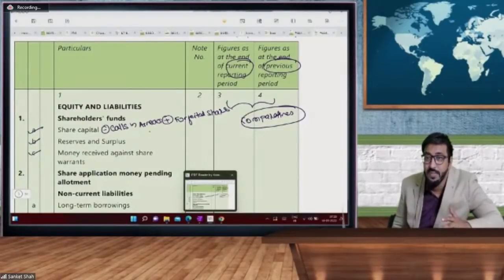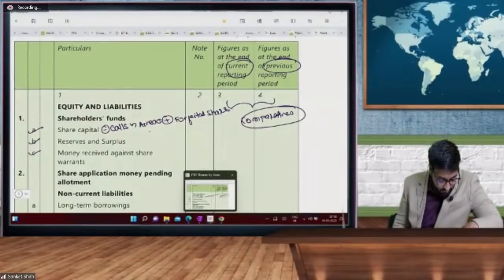Free reserves means those available for distribution of dividends, so you can pay dividend out of this. And what are specific reserves? Specific reserves means you cannot use them for the payment of dividends. So that is very important. So reserves and surplus are categorized into two parts: one is free reserves and second is restricted reserves.